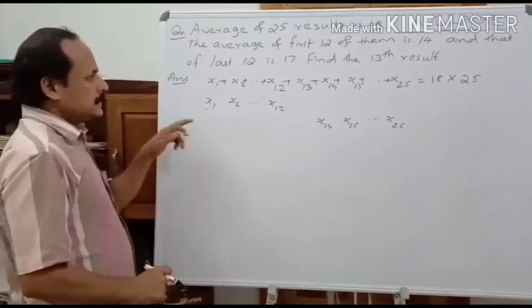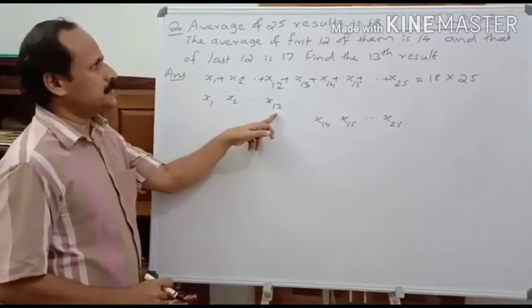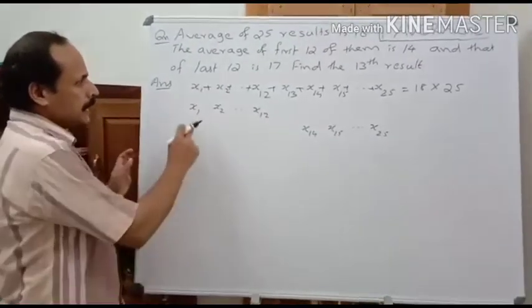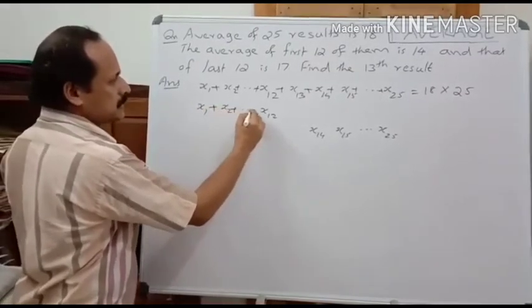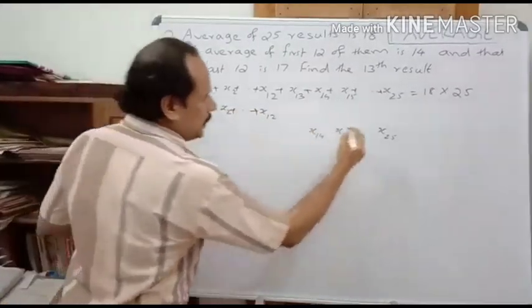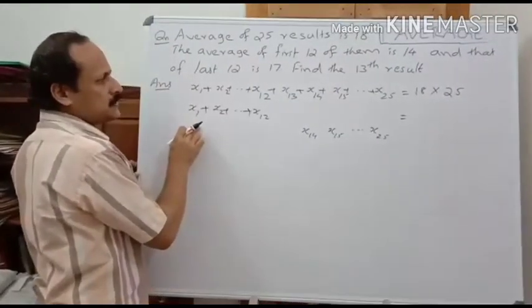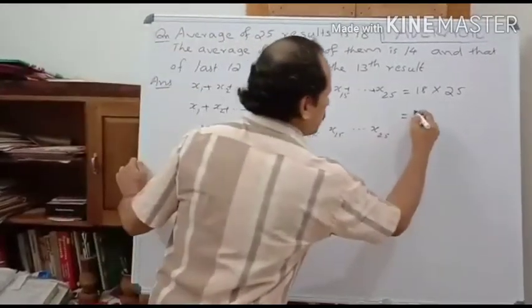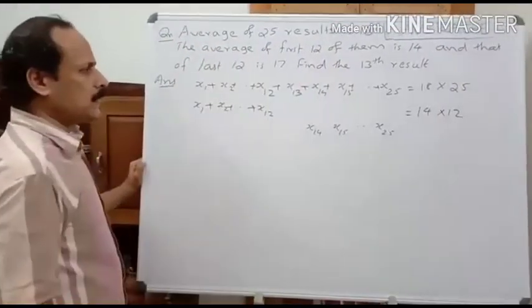Next, take x1, x2, etc., x12 having average 14, and from that find out their sum, that is x1 plus x2 plus etc. plus x12. This sum equals again average into number. Average is 14, number of results 12.